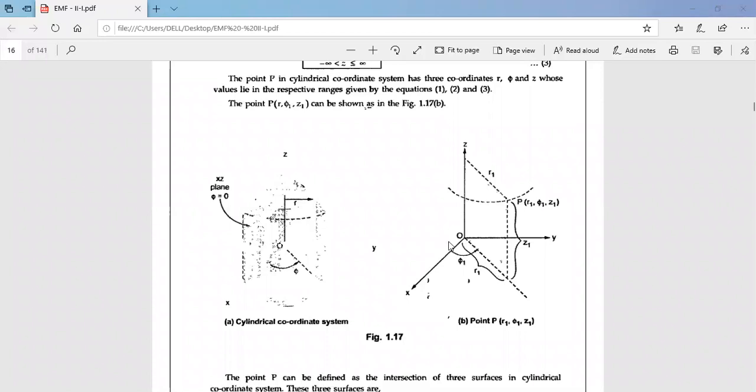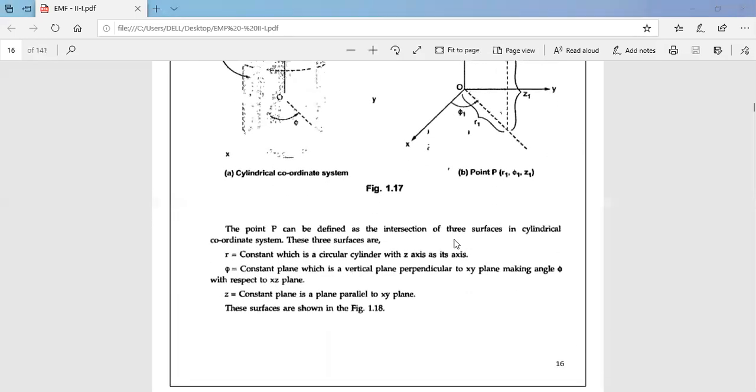Yes, sir. Phi from here going around, and Z from 0 at the base to a particular height. But I'm saying it could easily be here. So it wouldn't necessarily have to be on the radius. Anywhere in the system, you could locate your point. With me? Yes, sir. Okay.